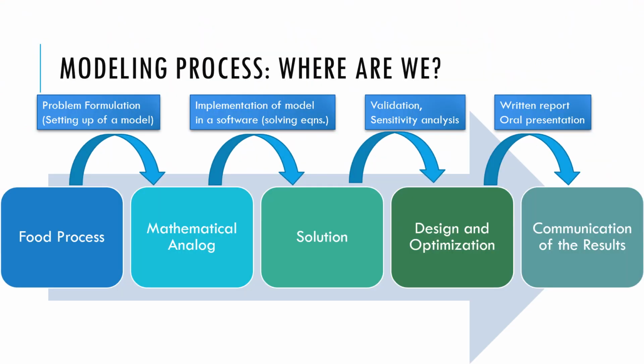So where are we in the modeling process? This slide just tries to orient us in that process. So this diagram shows the steps of modeling. The first part is problem formulation, where we take a physical problem and simplify it with the governing equation and boundary conditions.